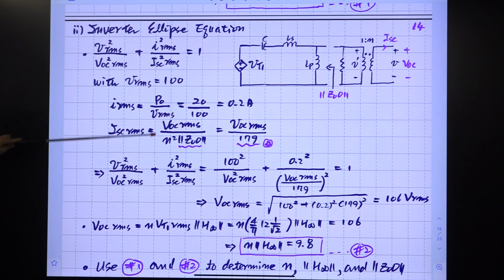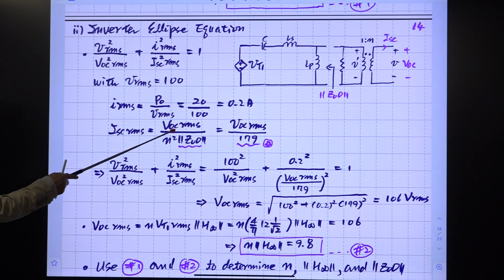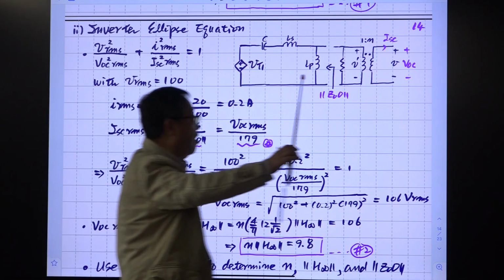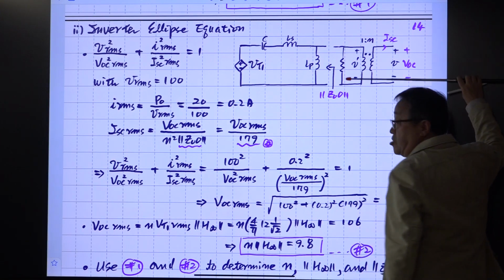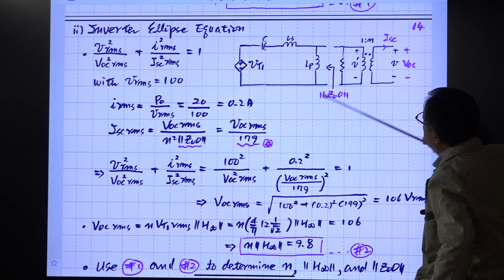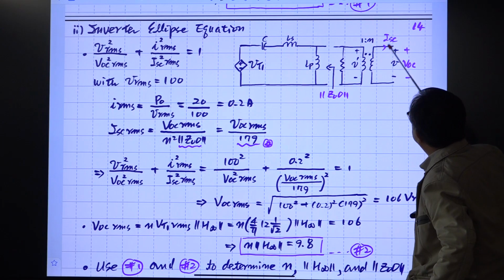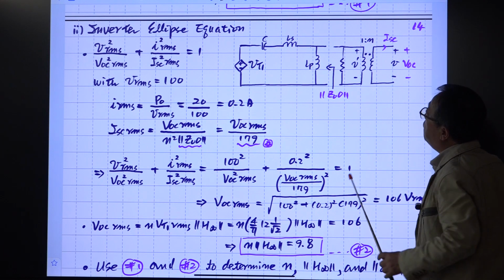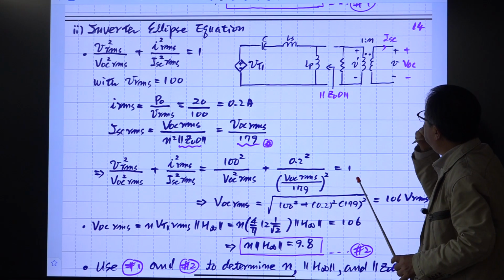Then this value, this I short circuit RMS, is V open circuit RMS divided by this G0. Okay. But we are seeing this value at the output, the secondary side of the transformer. So this V is now defined here, right? Previously it was defined on the primary side of the transformer.